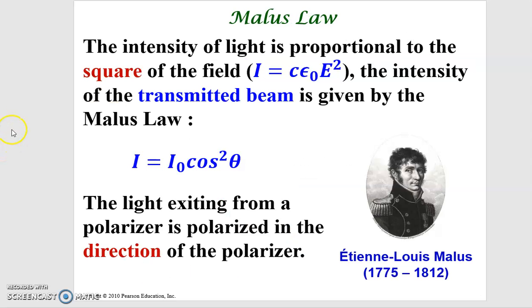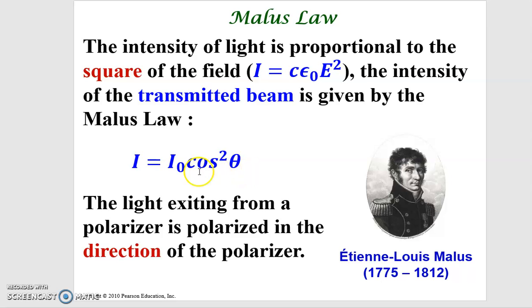This is the so-called Malus's law. It tells you that the intensity of the light after passing through the polarizer is proportional to the original intensity multiplied by cosine theta squared.